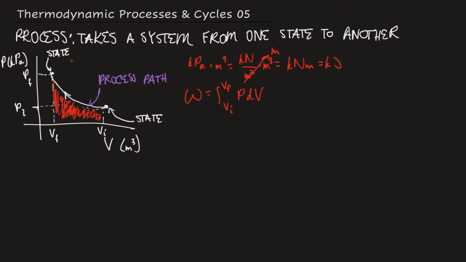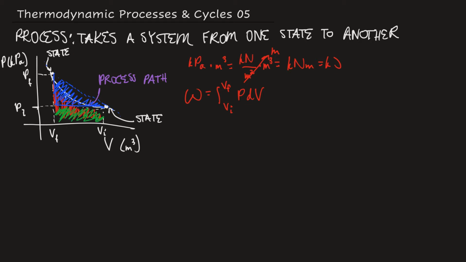Although this curve is not linear, if we approximate it as linear so that we don't have to use any calculus, we can calculate the integral by first calculating the area of this triangle right here, and then adding the area of this rectangle.